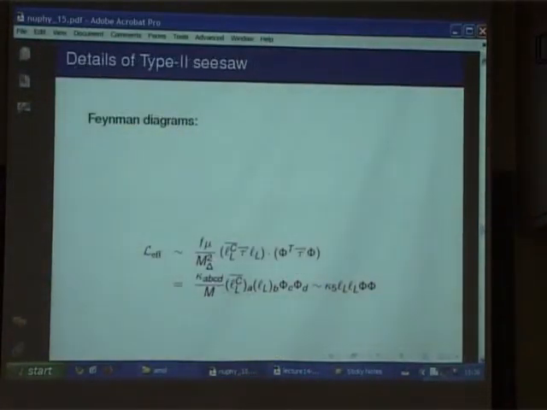So this is exactly what I have here. Let me try to draw one of the diagrams. So this is phi, delta.